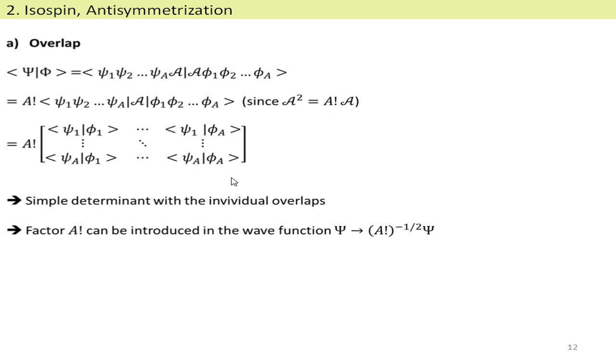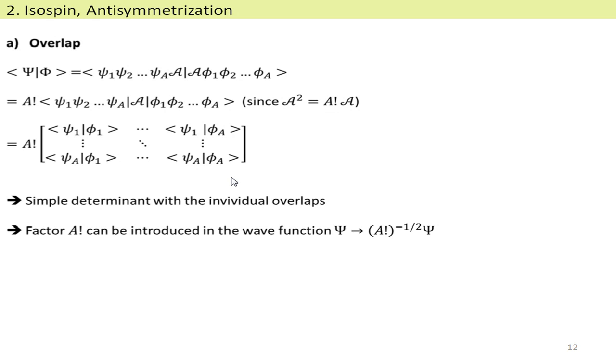So we can replace the A squared which appears here by A, just including the factor here. And if you now develop this antisymmetrization operator on all different permutations, you immediately find that this overlap is nothing but a Slater determinant which includes the single-particle overlaps.